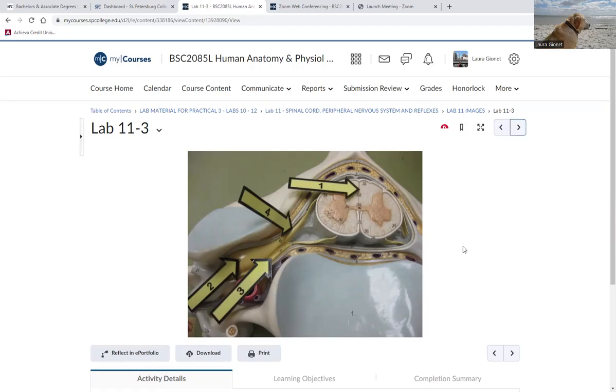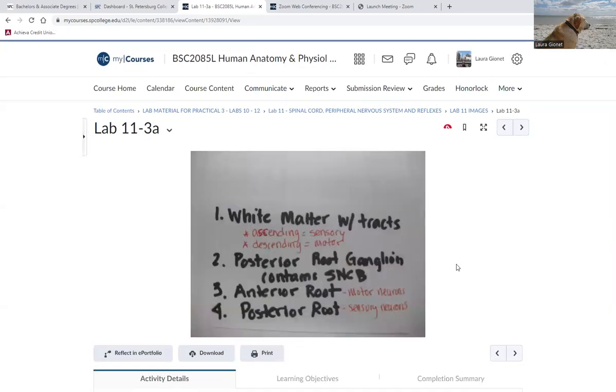Okay, so 1 is pointing to some of the white matter there. We said white matter tracts can either be ascending or descending, and they can be anywhere you have white matter in that spinal cord.